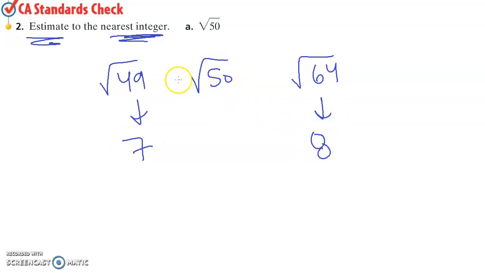So is 50 closer to 49 or is it closer to 64? Well, it's closer to 49. It is only 1 away to get to 50, where it would have to be 14 away to get to 64. So the nearest integer to the square root of 50 is 7.